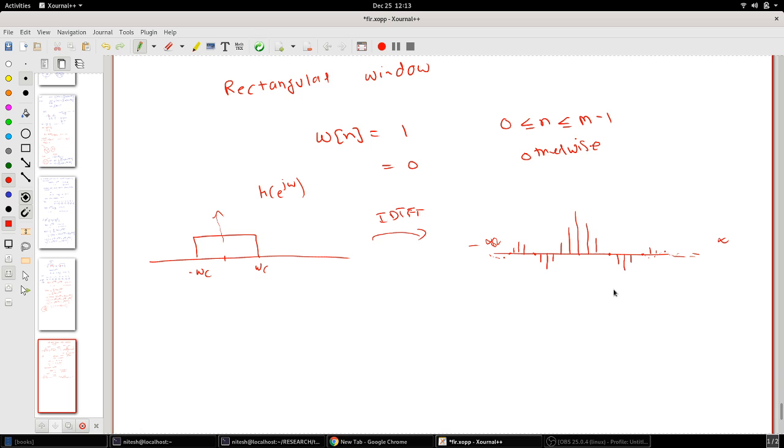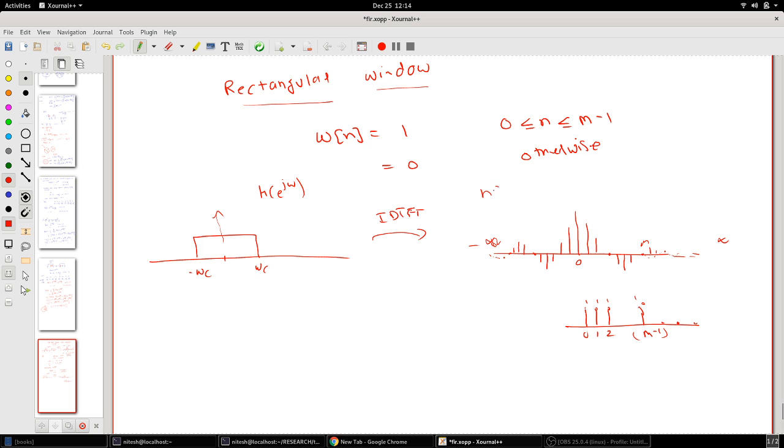Now this has to be truncated to from 0 to, let's say, m. What I am going to do is take a simple rectangular window. This is not the only window, I'm just using a simple case right now. I'll use a rectangular window which has values at 0, 1, 2, till m minus 1, with amplitudes of 1, and zeros elsewhere, and multiply the two.